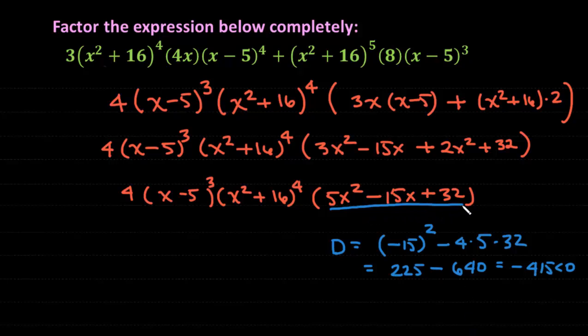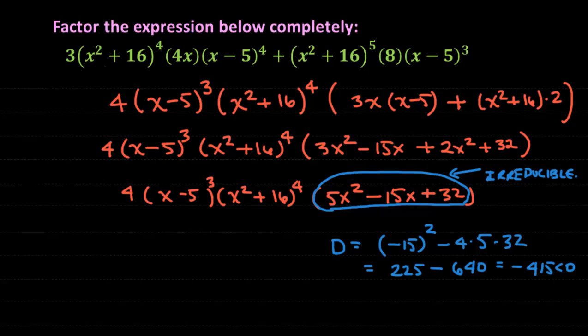So then this tells us that this quadratic has no real zeros, and so it has no x-intercepts, and since it opens up, then this thing is an irreducible polynomial. So this quadratic polynomial is irreducible.